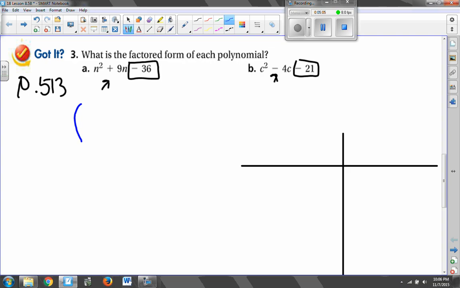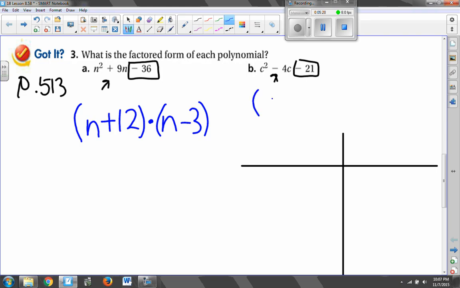Okay, letter A, we should end up with n plus 12 times n minus 3. Positive 12 and negative 3 add up to be 9, and multiply to be negative 36.